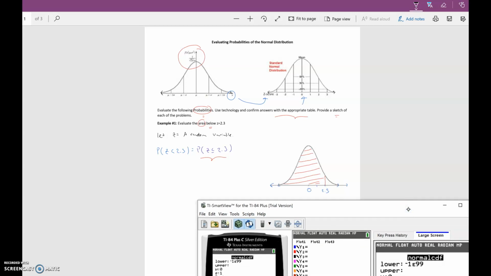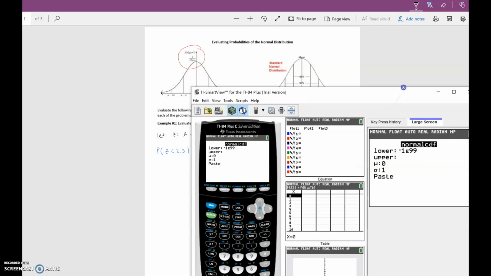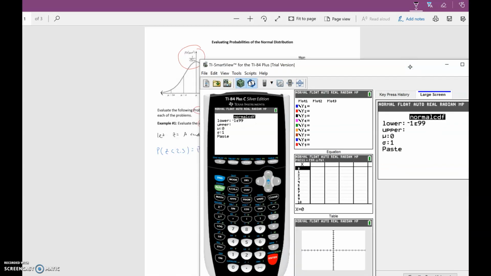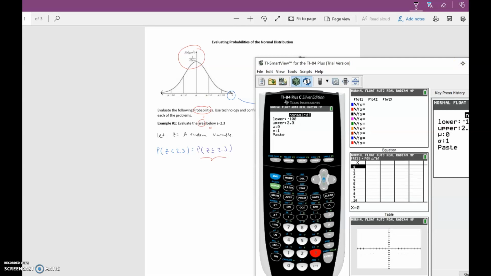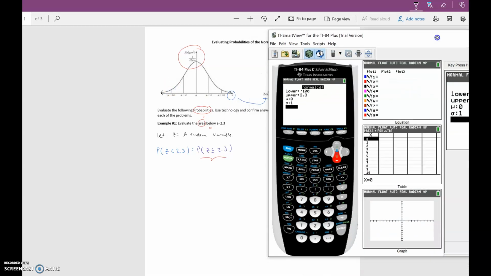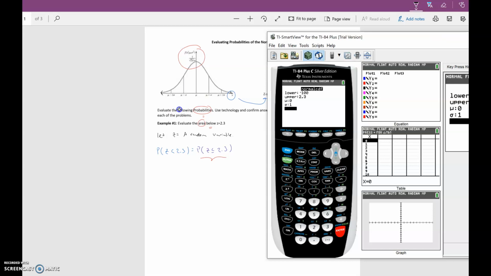It wants to know from where to where, from left to right, where it starts and where it ends. And what we typically use on this distribution is a very large value on the negatives, so negative 100, and then we're evaluating all the way to 2.3. Let me just verify the problem. And do not modify 0 and 1. We'll talk about that when we're doing the applications, and then just run it.